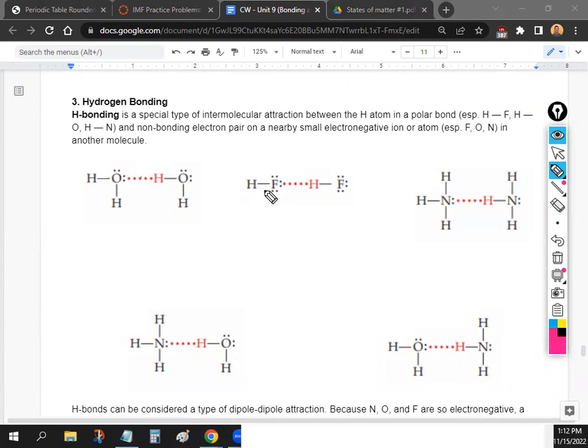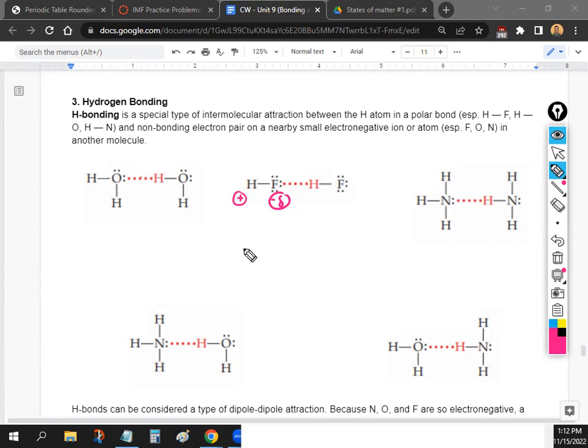So if it's stripped of most of its electrons, basically all it is, is a naked proton. So on one side, it's basically just a positive charge. It's more positive than other polar compounds where it's a partial positive. And then we have a partial negative on the other side. That's one way to think about it. Hydrogen is super duper small. It gets all its electrons taken, so it's kind of naked on that side.